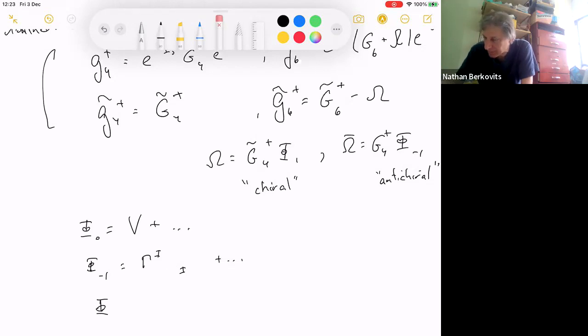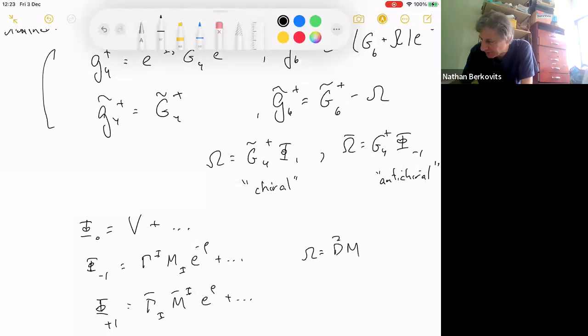I'll explain this. Where the field I called omega before is equal to d squared, and omega bar is equal to this. Remember, I told you that omega was chiral and omega bar is antichiral. So that's the relation between these.